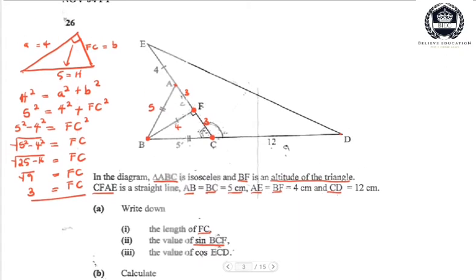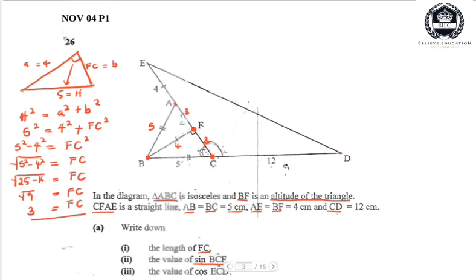My next question says I should find the value of sine BCF. So for me to find the value of sine BCF, I go to my angle BCF. So it's BCF, so my angle is this one.